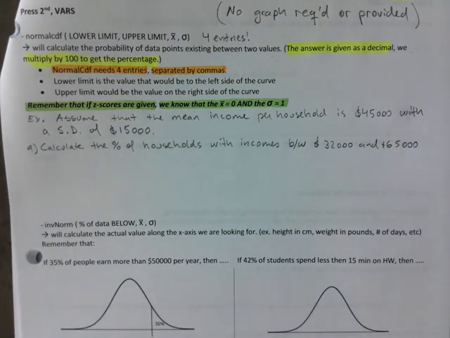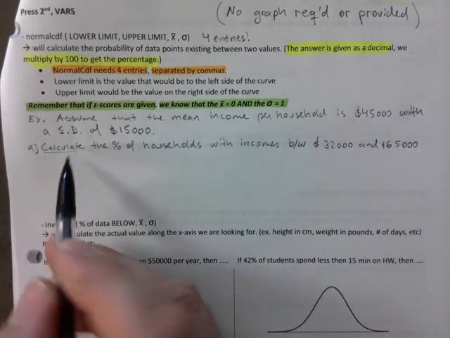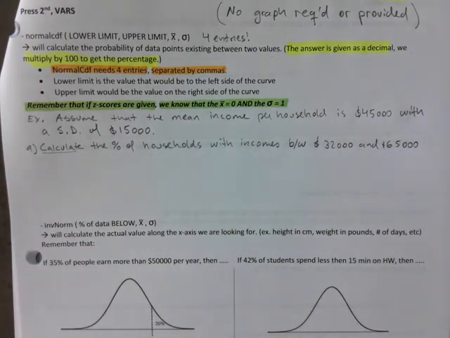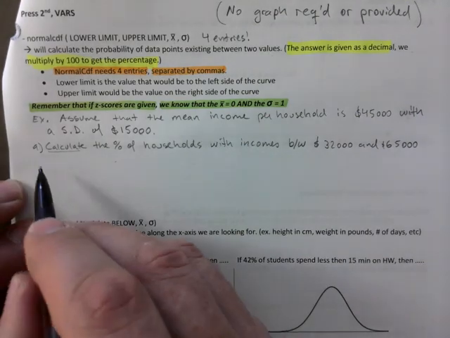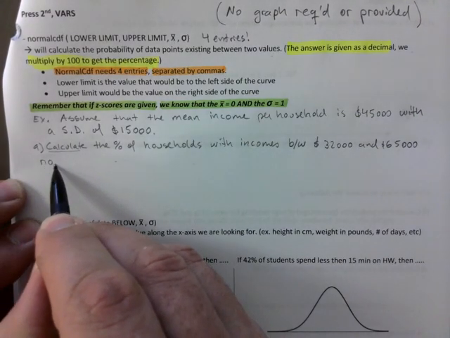And you're like, should I be drawing my normal curve and coming up with the values? I didn't ask you to graph it. So from now on, if you don't graph it, use your calculator. I will actually say use technology to figure this out. And even the fact that it says calculate should tell you. Okay, so we're going to use Normalcdf to do that. I want you to show me this.